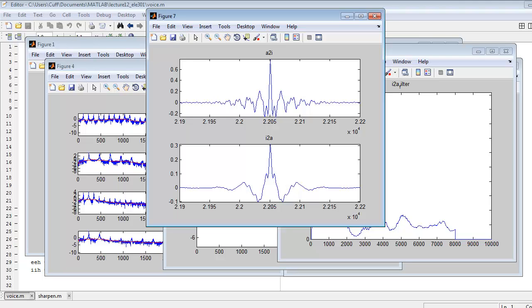Let me try again. Wow, what is going on? Well, that's a bummer. Attempt to reference field of non-structural array. I don't think it's going to work. You can run it on your own. I'll put it online. Sorry.